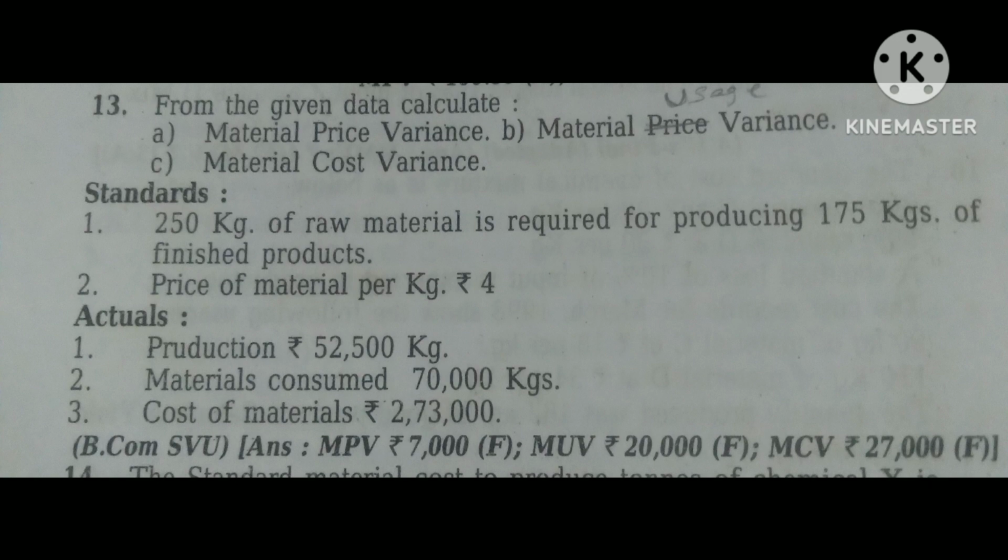For the standard quantity, it is given that 250 kg of raw material is required for producing 175 kg of finished products. Price of material is 4 per kg.